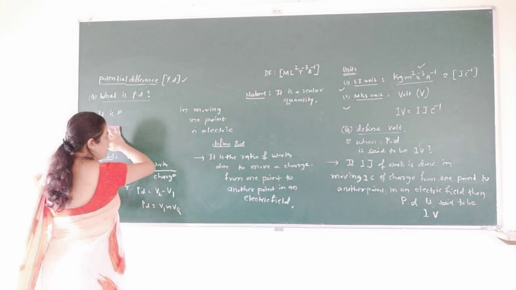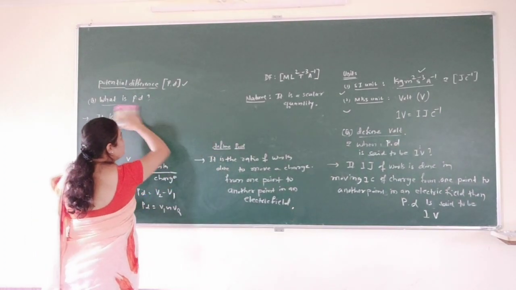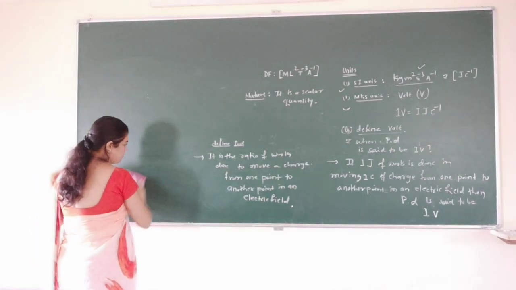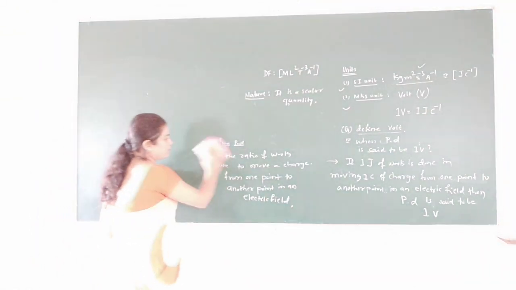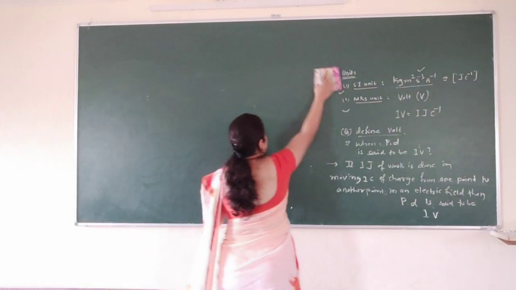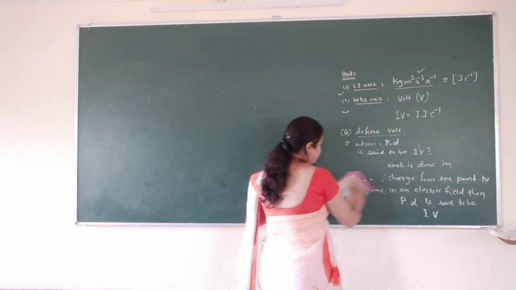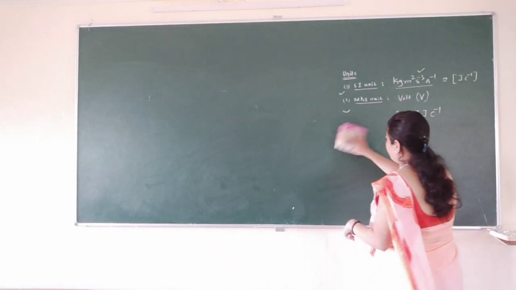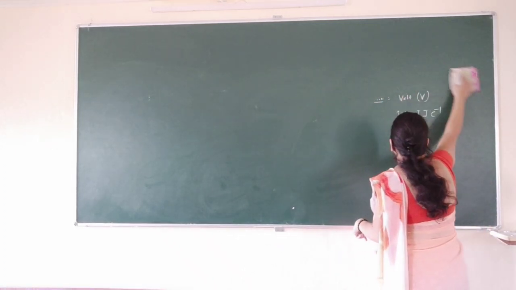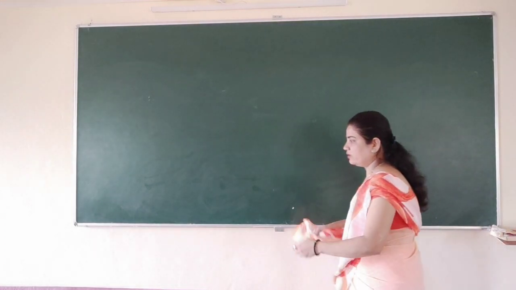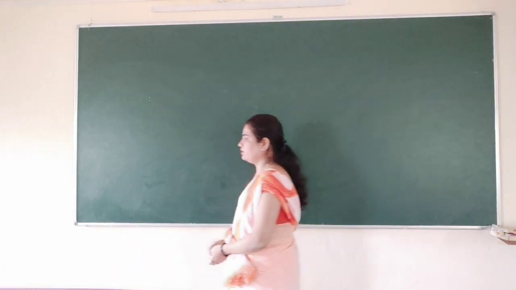Now we need expression to measure the potential of electric charge in an electric field. Now we will derive expression for electric potential at any point in an electric field due to an isolated point charge.